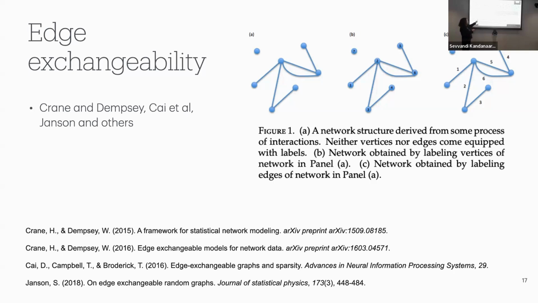It's our decision to either label the nodes, which is what we are doing, and work with vertex exchangeable graphs. However, we can equally label the edges and work with edges instead. And first Crane and Dempsey in these papers, and Kandanaarachchi and Towan, Broderick and Campbell and Jensen, all these people show if you do edge exchangeability, you can model sparse graphs a lot easier.